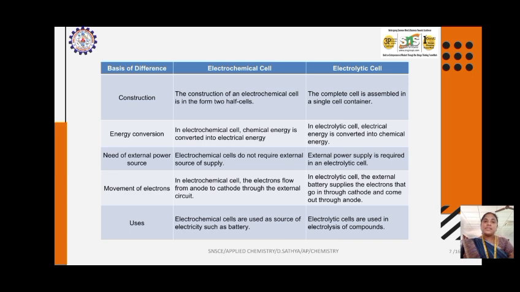The electrochemical cell does not require an external power source, whereas the electrolytic cell requires some power. In the electrolytic cell, electrons flow from the anode to the cathode through the external circuit, with an external battery supplying the current for electrolysis. The electrochemical cell is used as a source of electricity such as a battery, while electrolytic cells are used in the electrolysis of compounds.